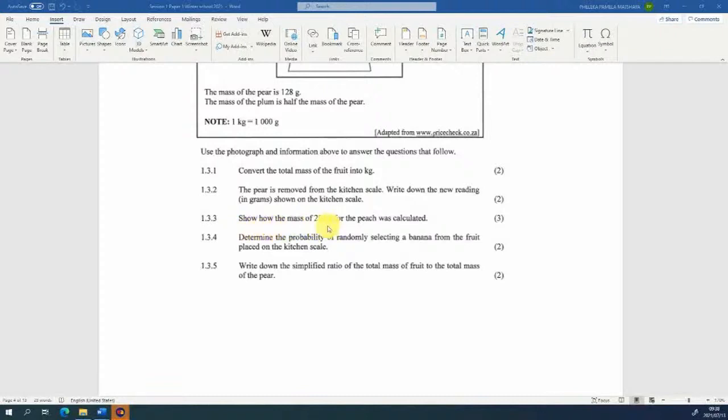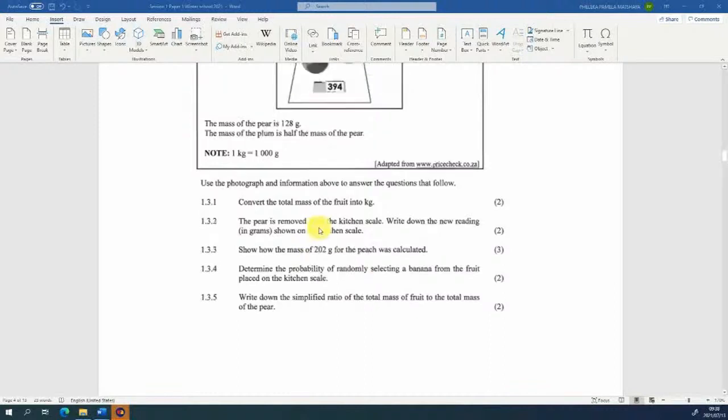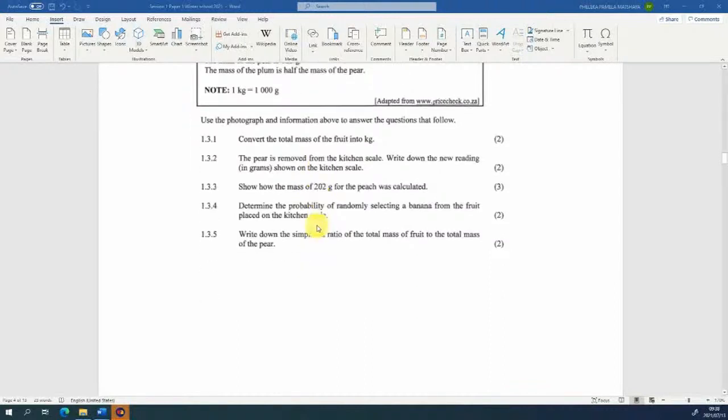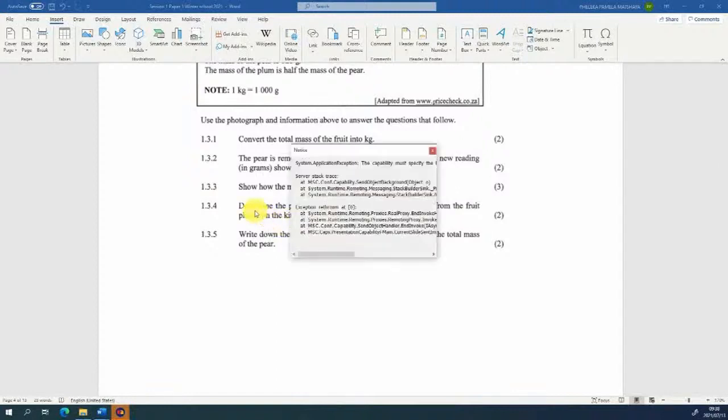The answer is already given to you, and you just need to calculate and show the exact answer of 202 grams. That is a 3 marks question. Number 1.3.4.